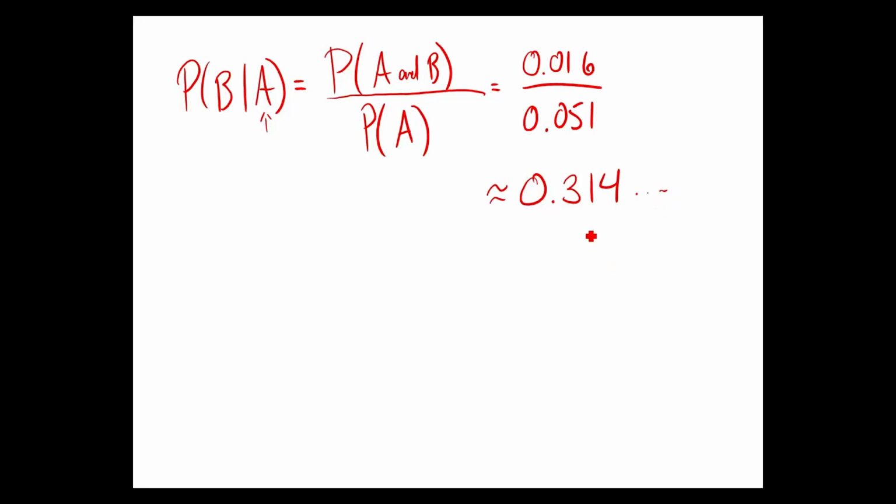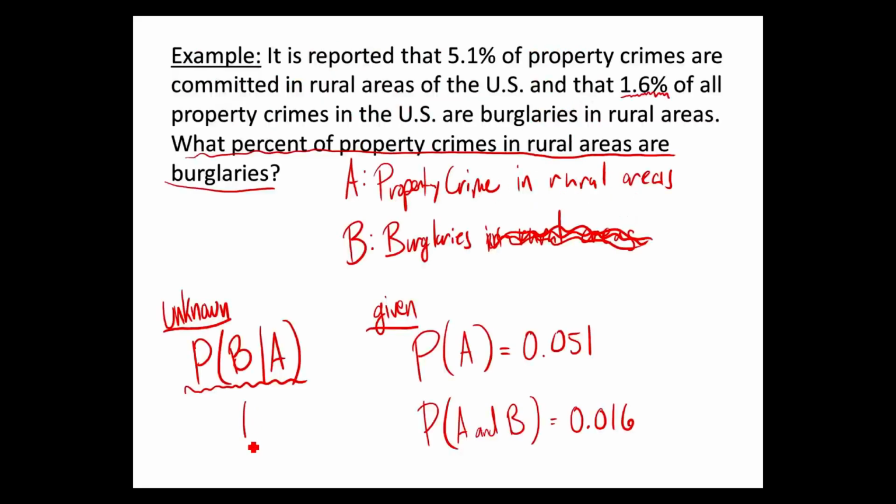Okay, so what does this mean? What's the actual interpretation of this? We just found out the answer. So 31.4% of property crimes in rural areas are burglary.